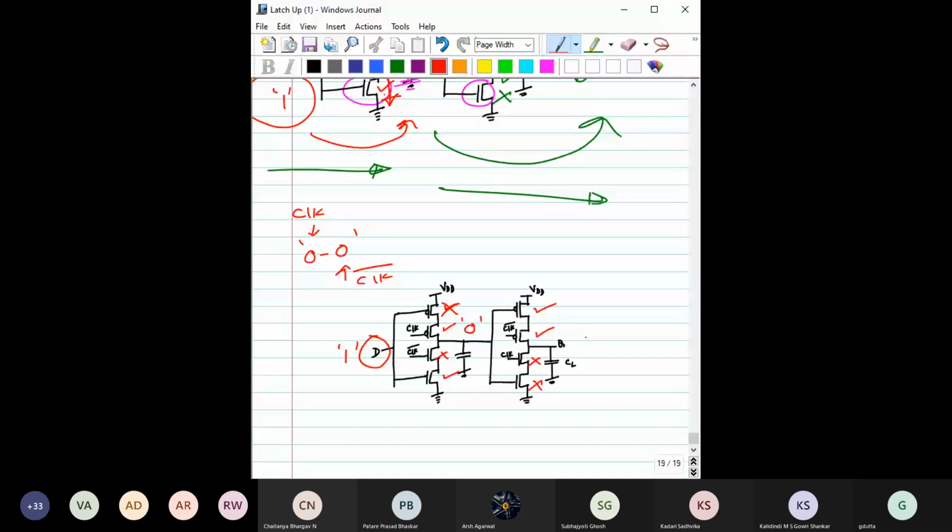No. Do you agree with me? Middle point is floating. True.